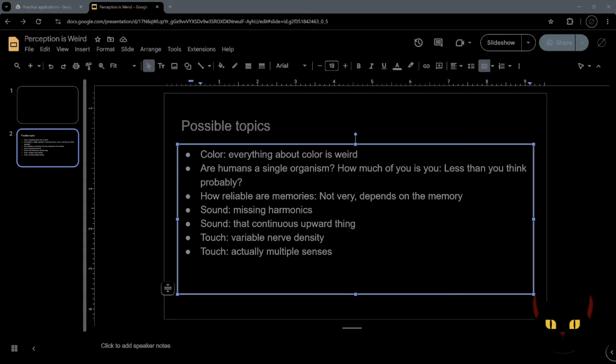And itchiness does not seem to be an actual intentional sense that we have. It's more of a misfiring of some of the other ones, right? Itchiness seems to be a bug that the body kind of turned into a feature. Lets you know when a bug bites you or something.